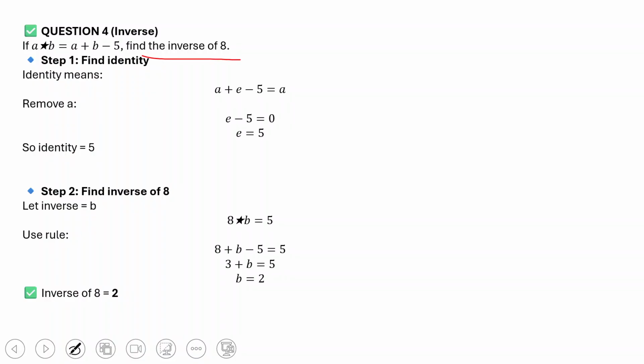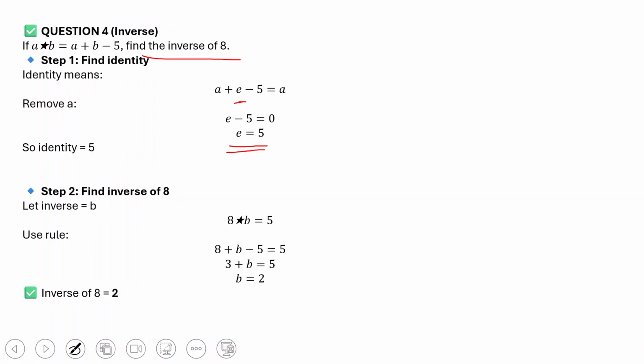First of all, we'll get the identity. What will make this unchanged? If I introduce the identity element e, I will look for what e is by subtracting a from both sides. So I have e as 5.